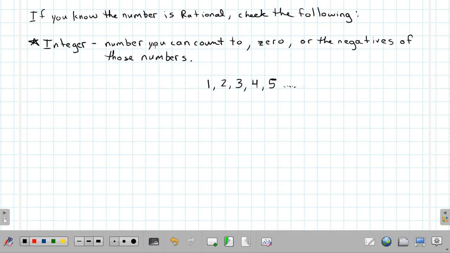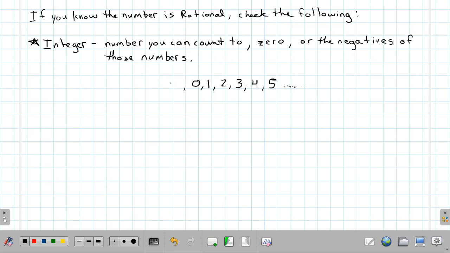But I'll also say the integers can be the number 0, okay? So the number 0 is an integer, okay? And now I say the negatives of those numbers. So first off, there's not a negative of 0, okay? The negative of 0 technically is just 0. So 0 doesn't have a negative, but what about the number 1? Well, what's the negative of the number 1?